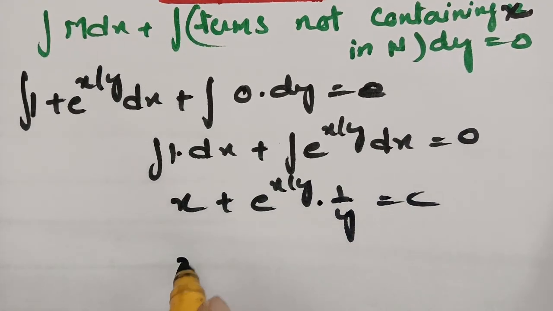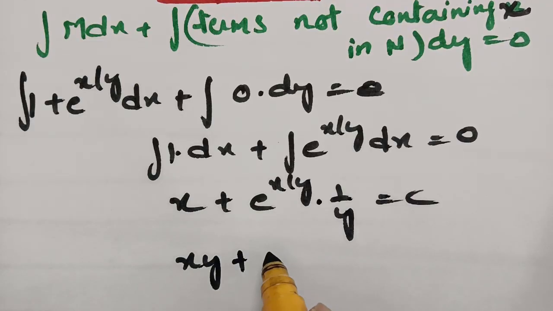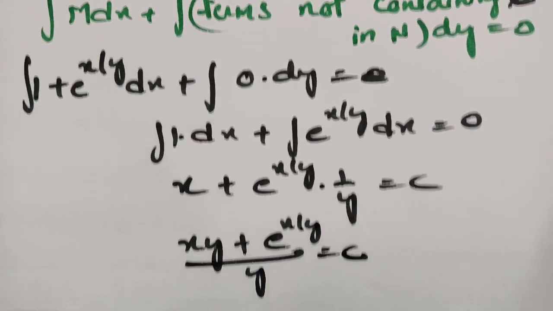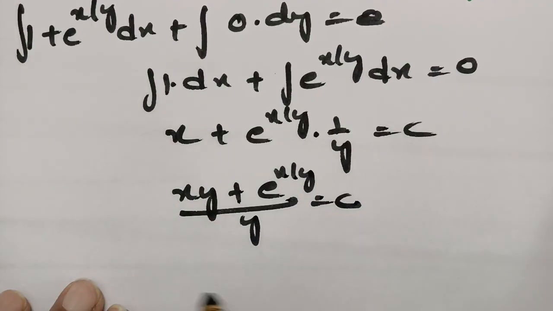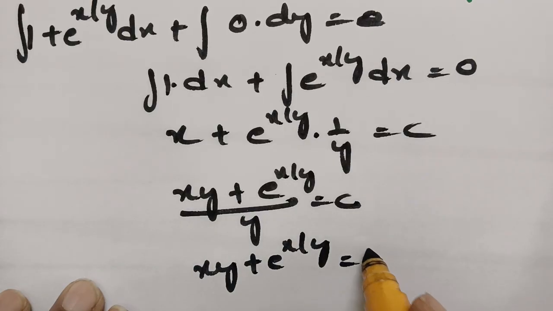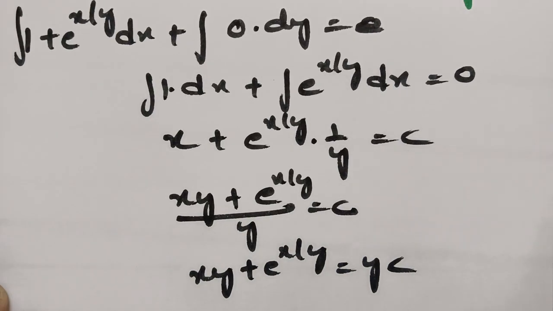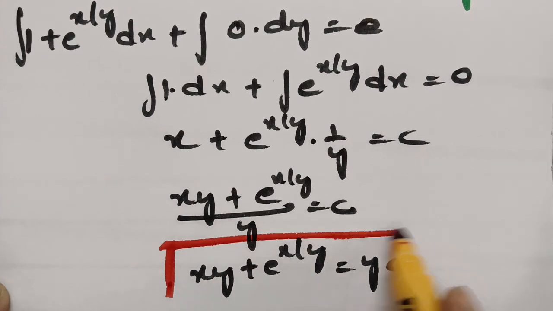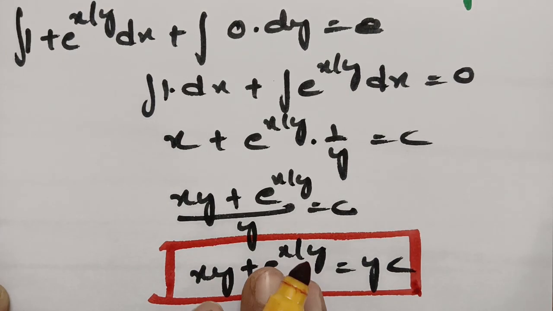So if I make an LCM, this will be xy plus e power x by y is equal to yc, and therefore this is the solution for an exact differential equation.